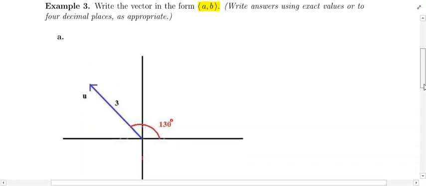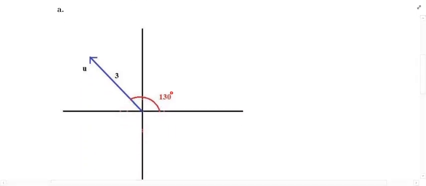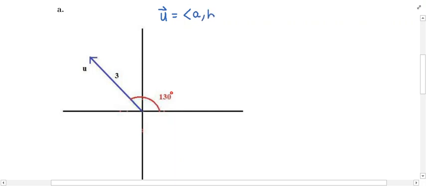Let's take a look at example A. Here the vector U has magnitude 3 and the direction angle is 130 degrees. We're trying to rewrite this vector in a different format. We can call it vector U, but we can also write it in component form. We just need to know what the A and the B are.